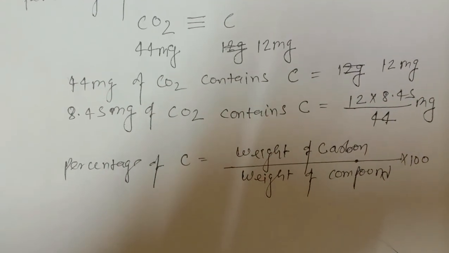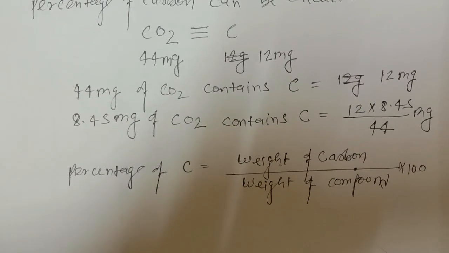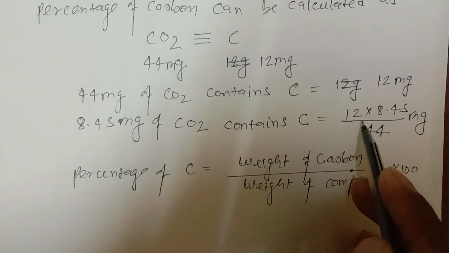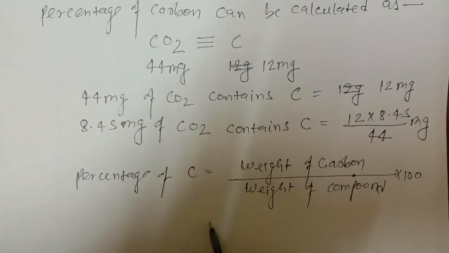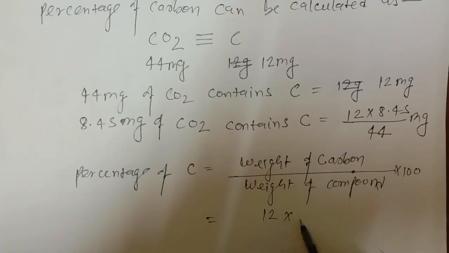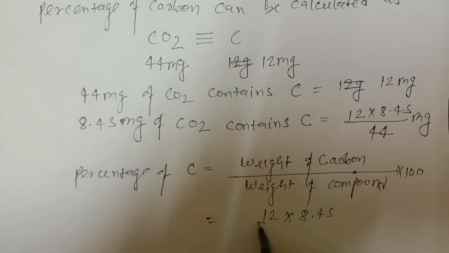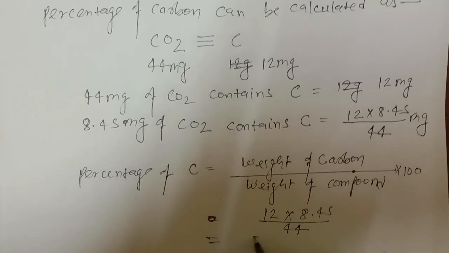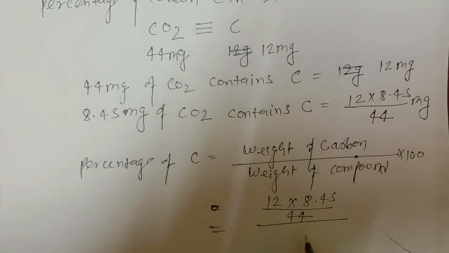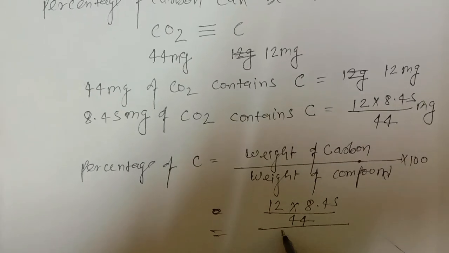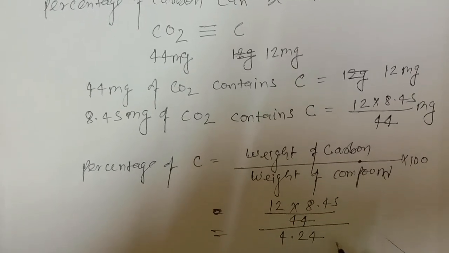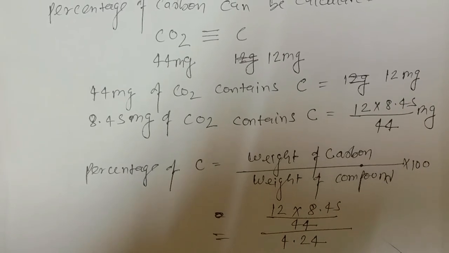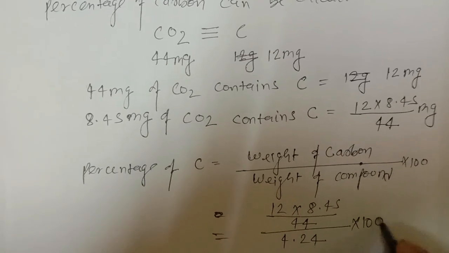The weight of carbon we calculated is 12 into 8.45 divided by 44. The weight of the compound is already given in the question, 4.24 milligram, and it is multiplied by 100.